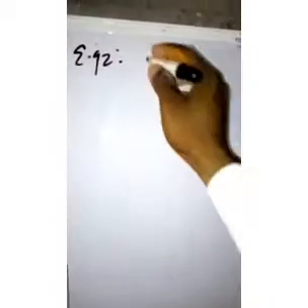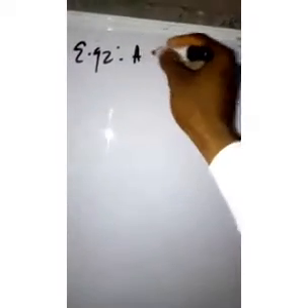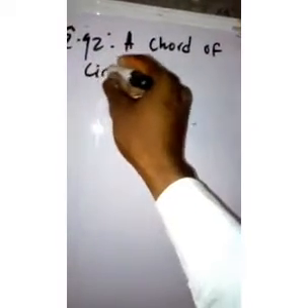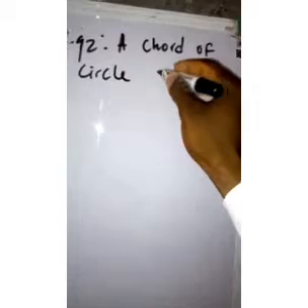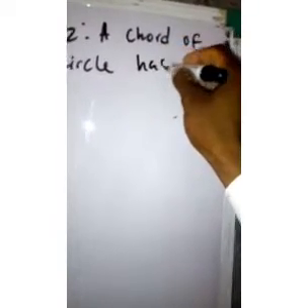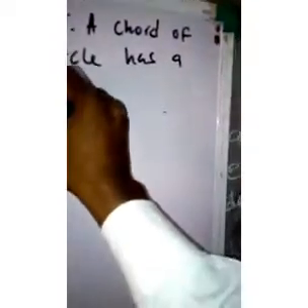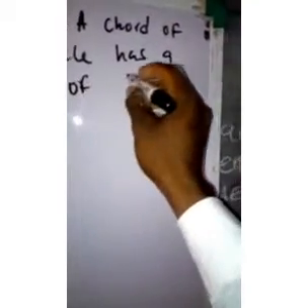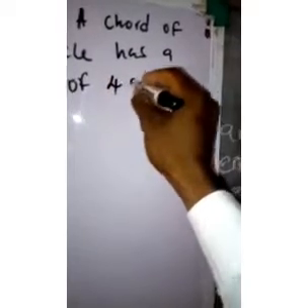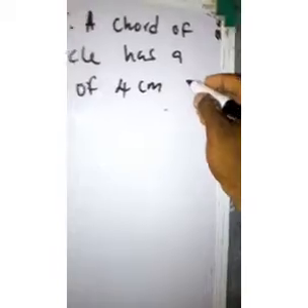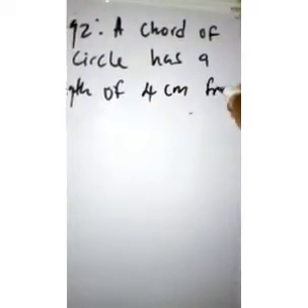Example 2 says: a chord of a circle has a length of 4 cm from the center of the circle.